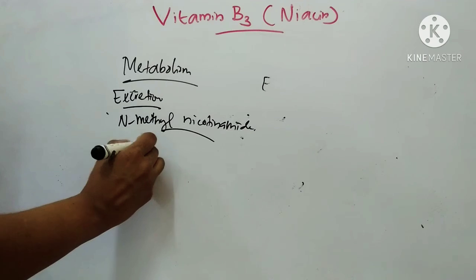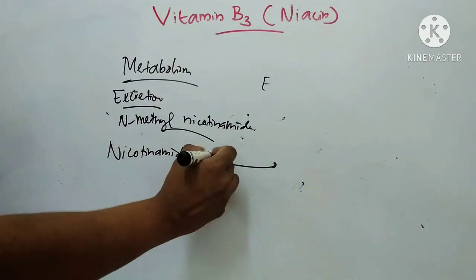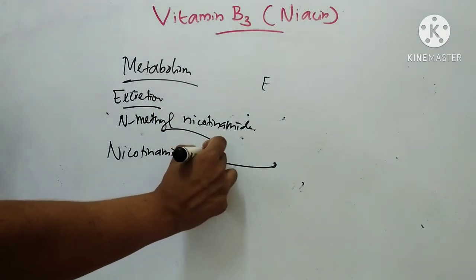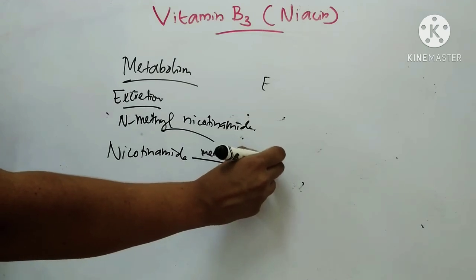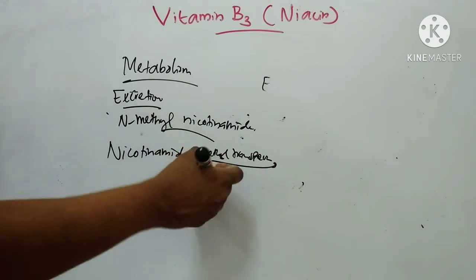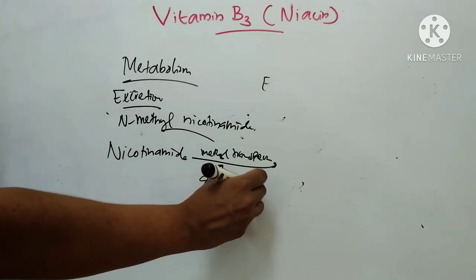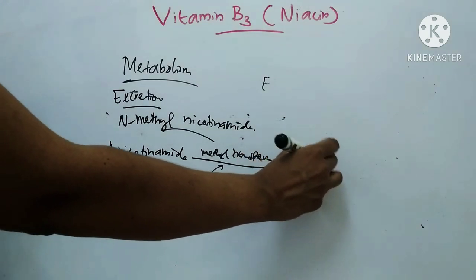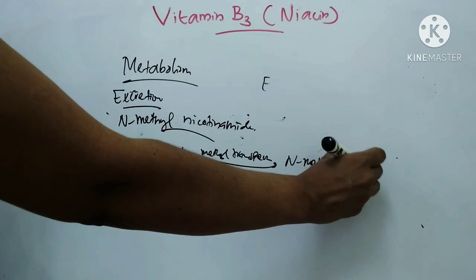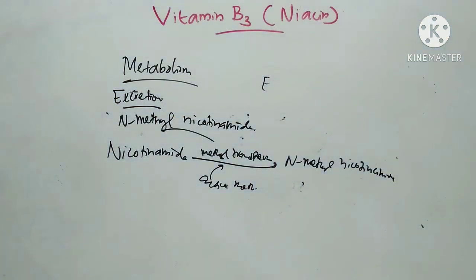Nicotinamide, by the enzyme methyl transferase, with this CH3 group donated by active methionine, is converted to N-methyl nicotinamide. So this is the major urinary metabolite, N-methyl nicotinamide.